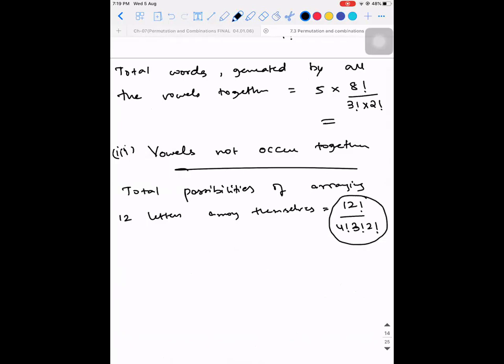In those total possibilities, there will be certain words which will have the vowels together.